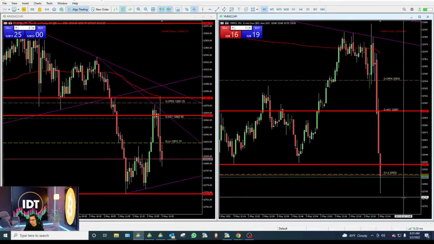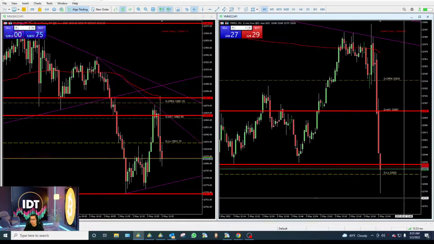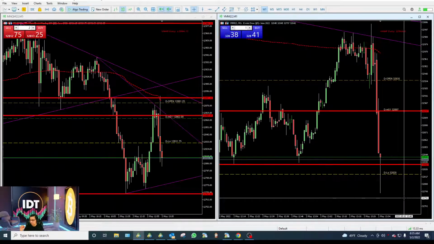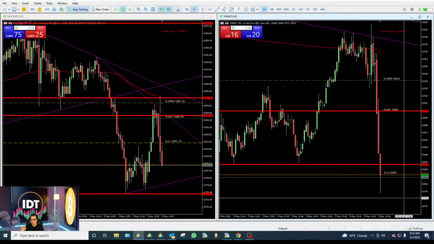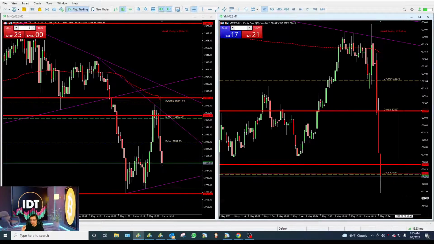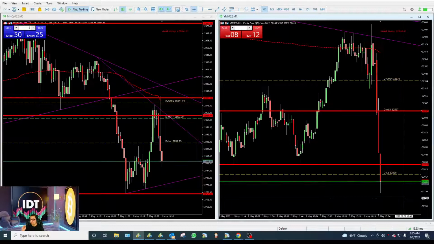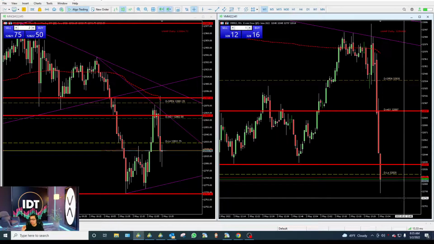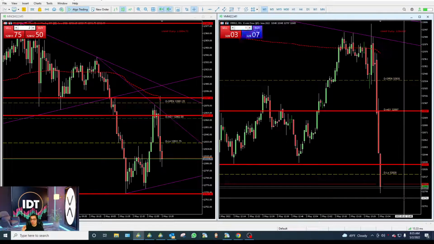And we broke Friday's low at 32,820. We're on the 1 minute chart on the Dow. We remain on the 5 minute on the Nasdaq.